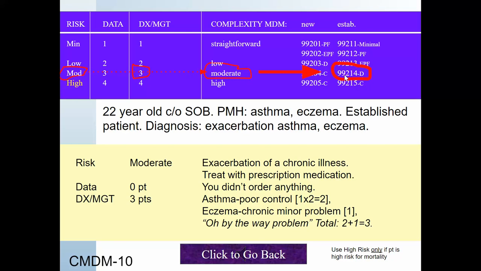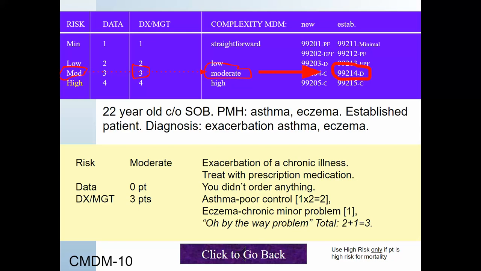And not only the code, but as we said last time in part 1, the level of documentation required to support this code. Because it doesn't matter if you get the right code, but if you don't document it, you still are not in compliance. So we not only want to generate the code, we want to generate the level of documentation required and understand that. So that's what this little teaching tool can do for you.